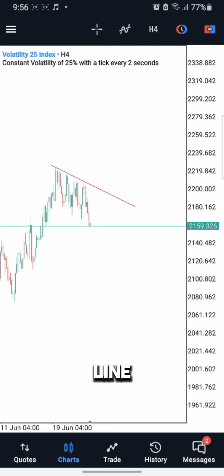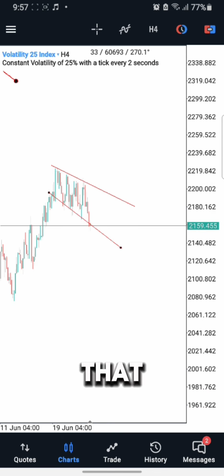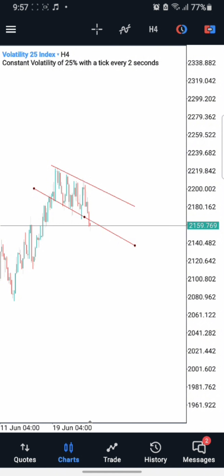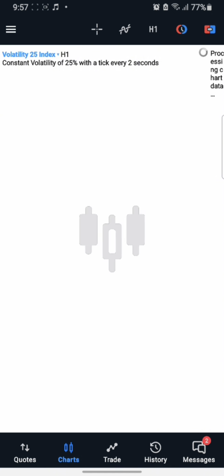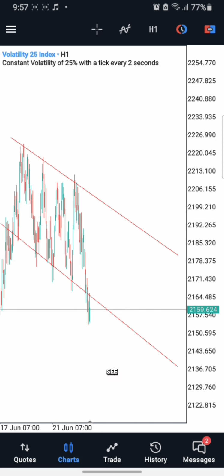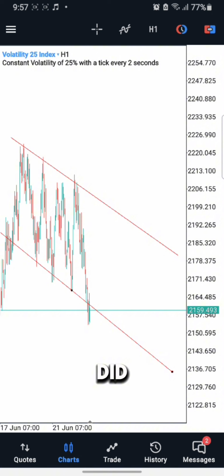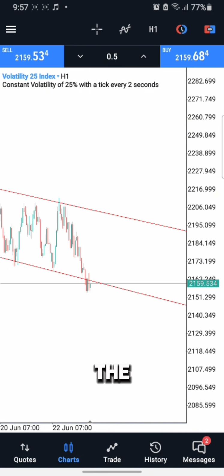We put the line that is marking the resistance, and then we put another line that is marking the support. After putting the line marking support, we can see that the market did a very big drop from the resistance to the support.